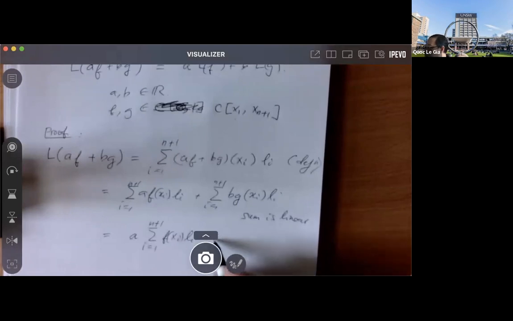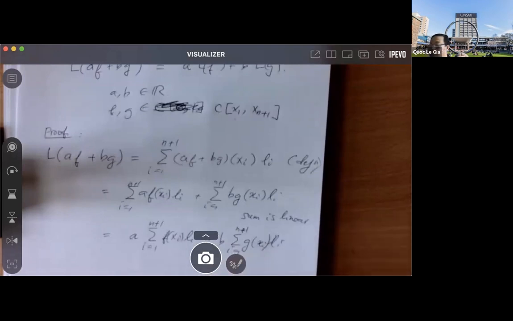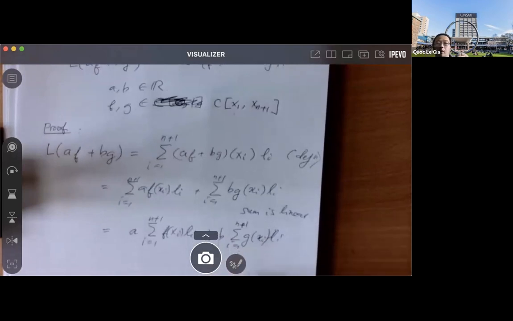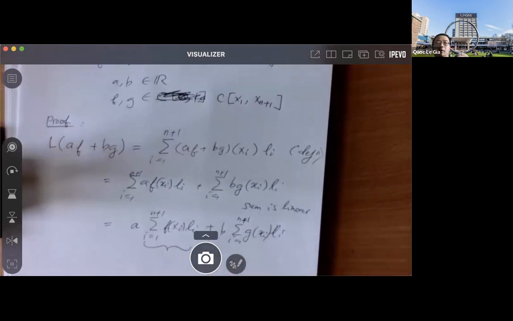And similarly, you can take b outside as well, from 1 to n plus 1. But then what is the first term here?